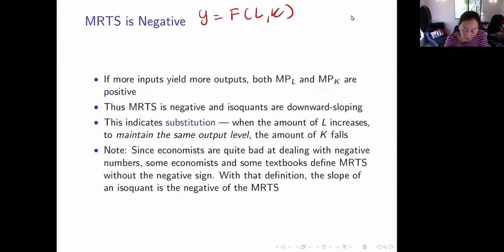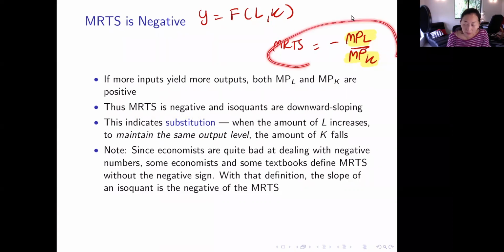That means when K increases, holding L constant, the output would increase, right? So this production function is an increasing function in both L and K, and that results in the positive MPL and MPK. And because of that, the MRTS would be negative, right? Because MRTS is negative MPL over MPK. So if this one is positive and this one is positive, then MRTS must be negative.